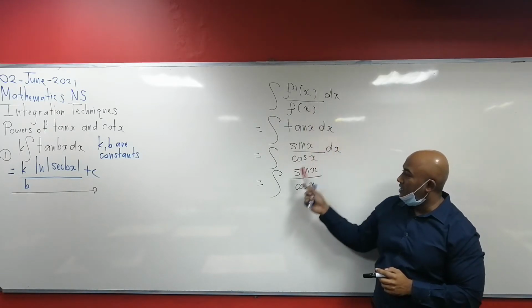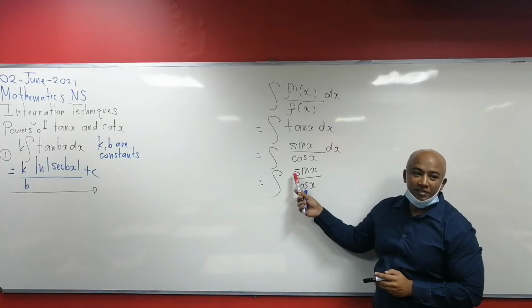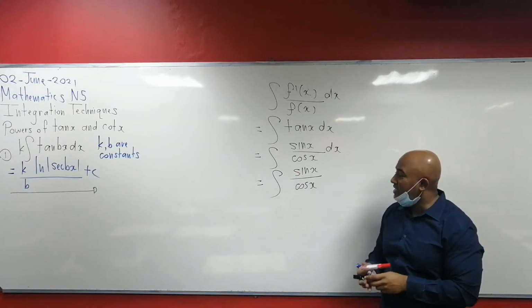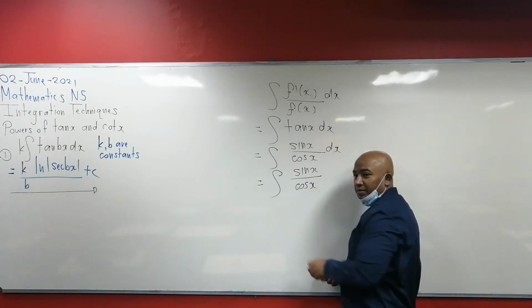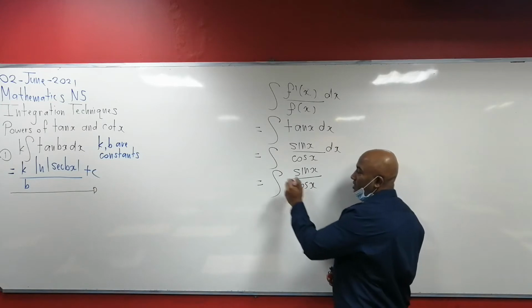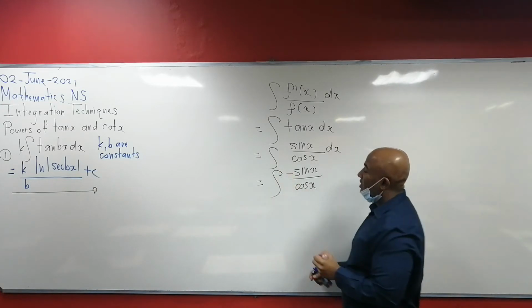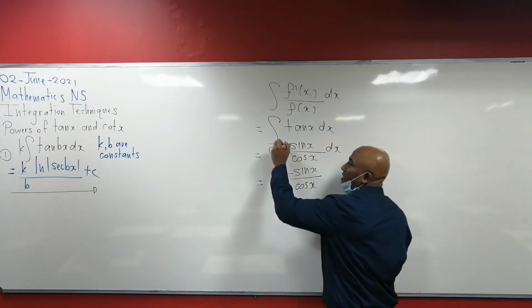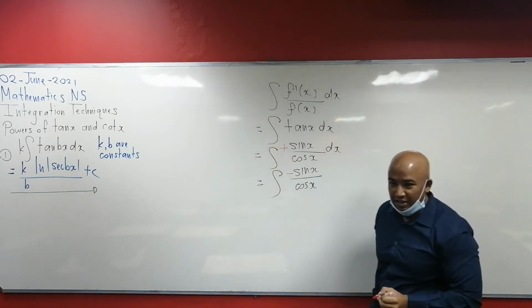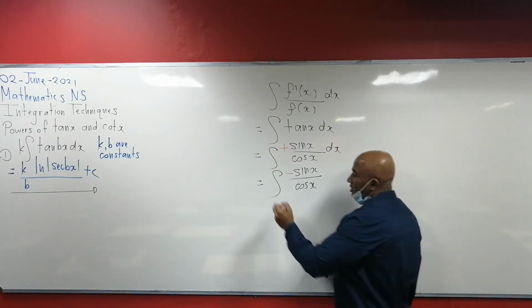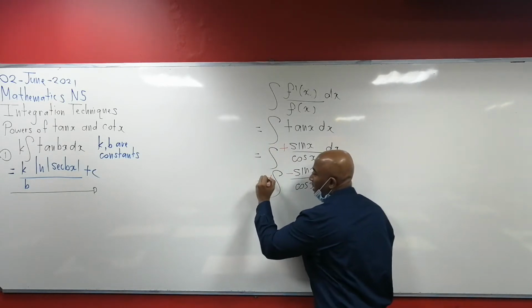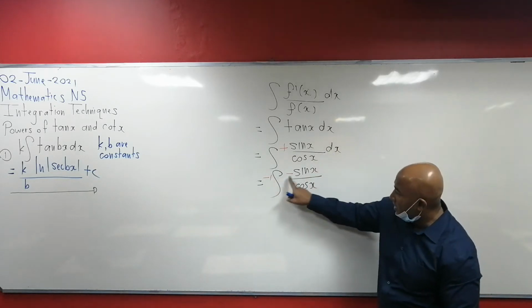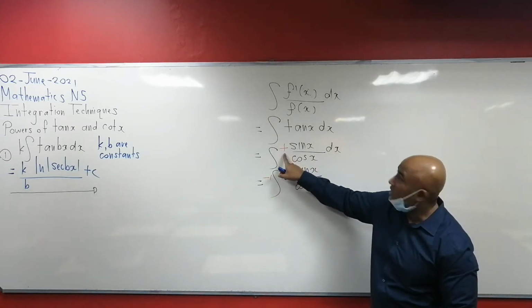F prime x should be the derivative of cos. So what is the exact derivative of cos? The exact derivative of cos is minus sine. But we know originally there was a positive there. Can you see that? So by inspection, all I do is multiply by -1. A negative times a negative will give me a positive.